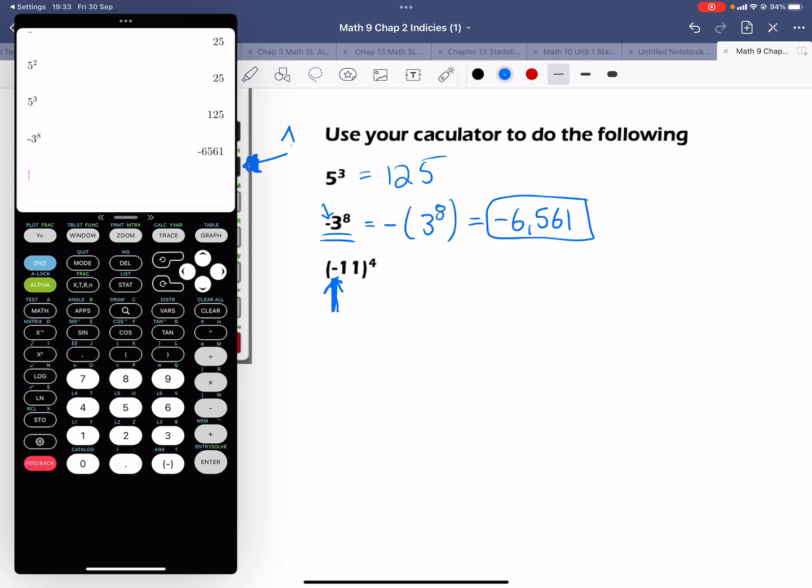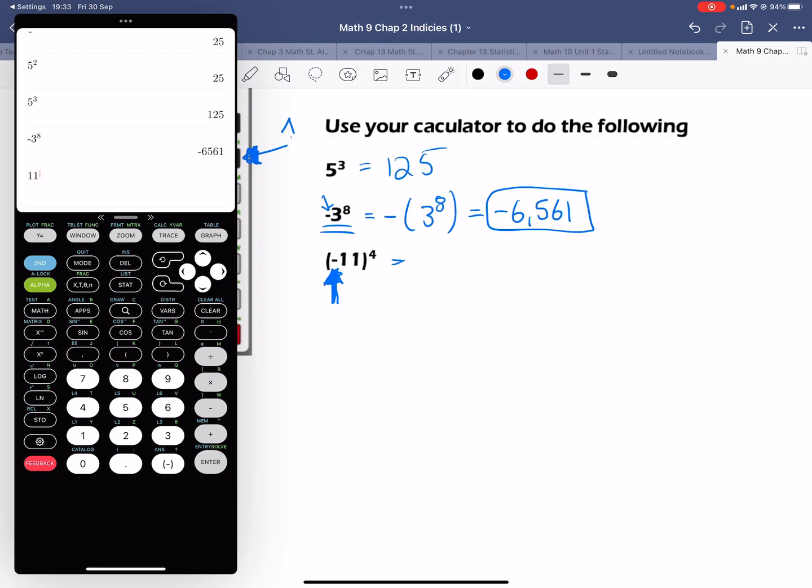Okay, if you're going to be using your calculator, make sure you punch in these negative signs in the correct spot. This one right here is negative 11 to the 4th. I would like to see you go, oh, I know that answer is going to be positive because it's raised to an even number. But let's say you forget that rule. You just put in a bracket and go negative 11 raised to the 4th, and you get positive 14,641.